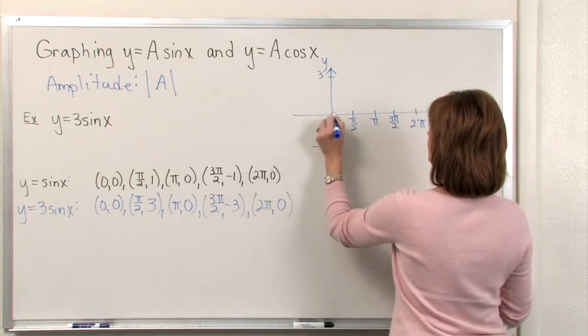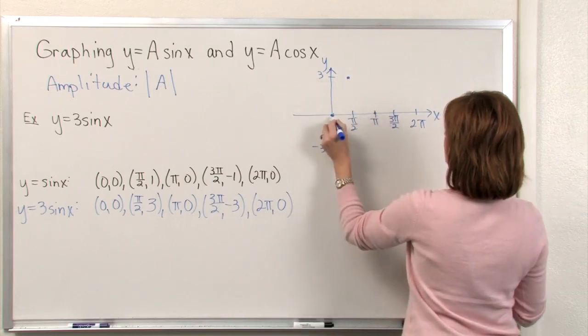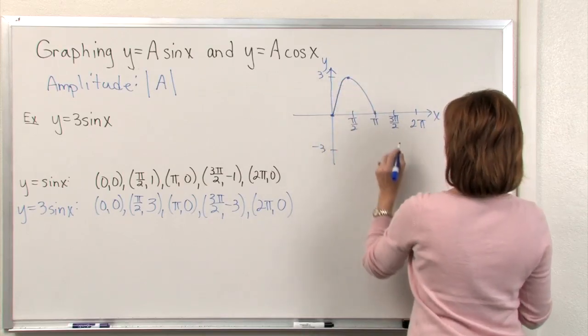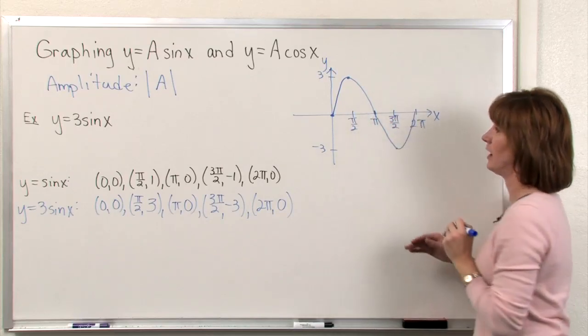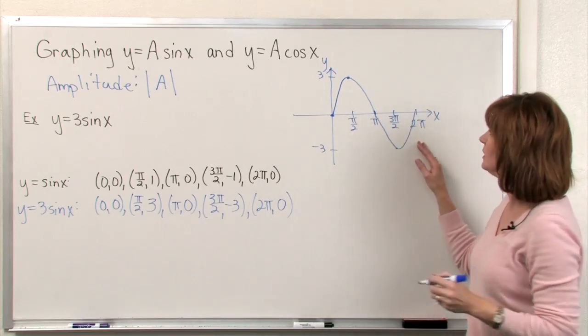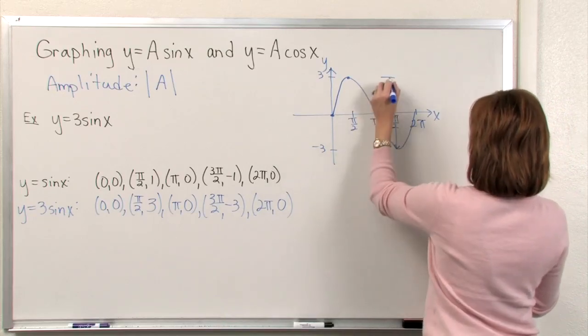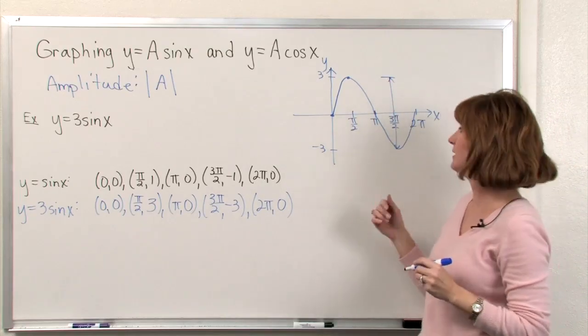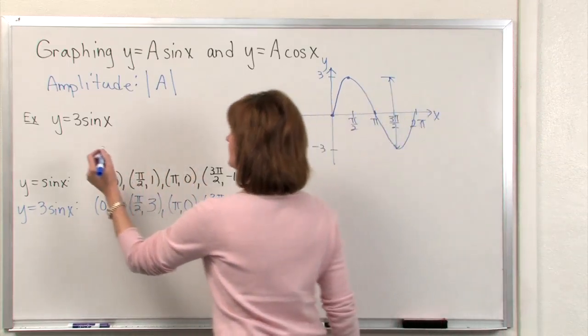So we have 0, 0. Then we have pi over 2, 3, pi, 0, 3 pi over 2, negative 3, and 2 pi back up to 0. So the amplitude is this distance, half the distance between the max and the min value. So let's write the amplitude for y equal 3 sine x.